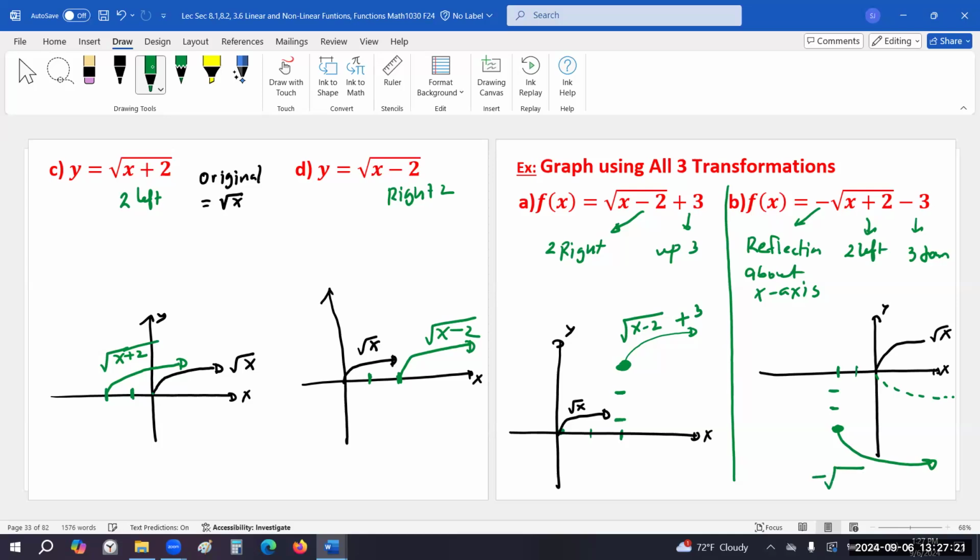So negative square root of x plus 2 with the minus 3. For this one, it doesn't matter which direction you go, but there are some shapes. If you don't do the reflection first, you get completely different results than the correct ones. So reflection should always be the priority, and then it doesn't matter which direction you go.